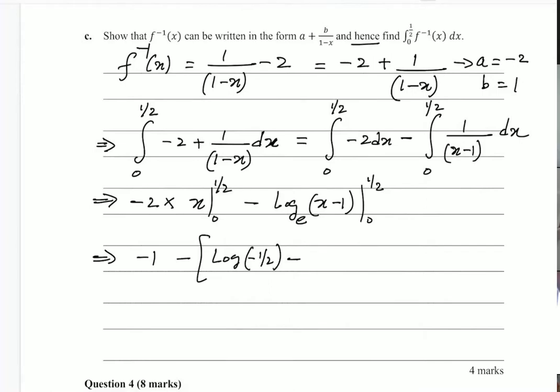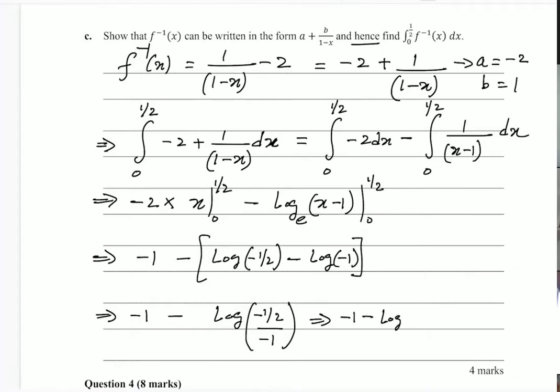Minus, if you put 0 here, you get log minus 1, right? Now you understand log of a negative is not defined, but still you can see it's a division. So you can write minus 1 minus log half divided by minus half divided by minus 1, like this, right? So that would be minus 1 minus log half actually, right? So this is the answer.